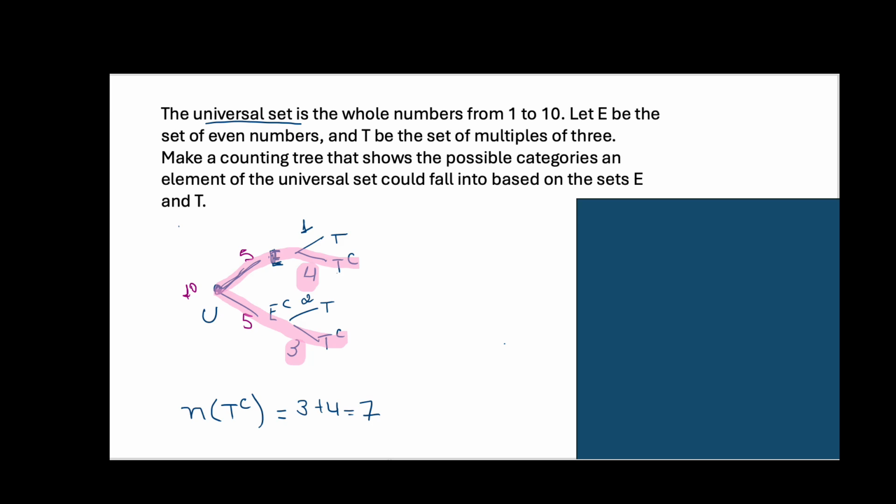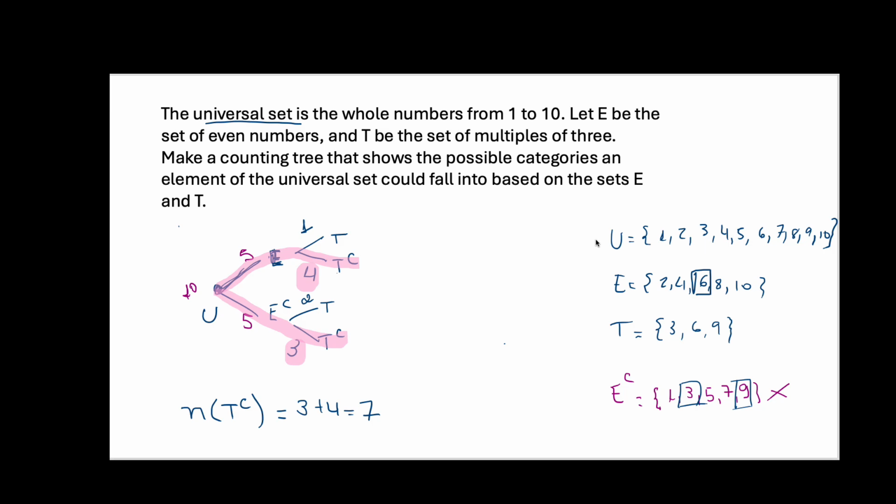Of course, you can do your reasoning by looking at the elements, which is correct. But I want to let you know that if you cannot see the elements, the counting tree, because of the way the rules and properties work, gives you all that you need. You don't need to look at the elements, okay?